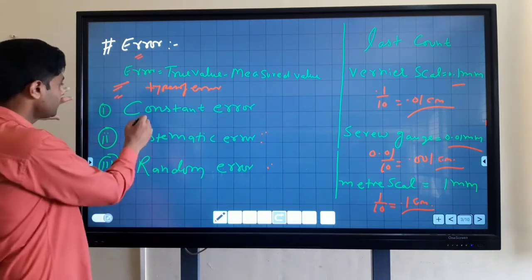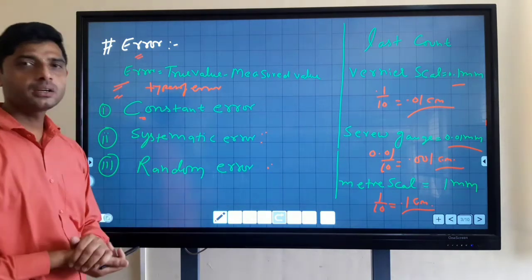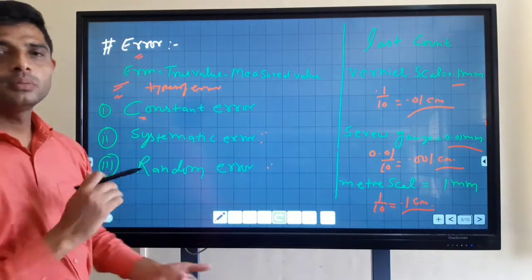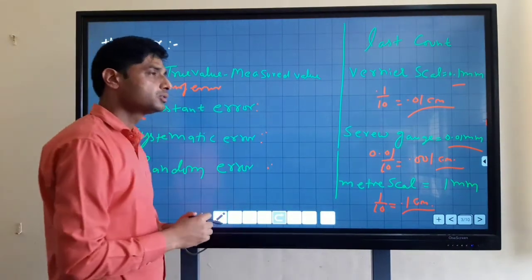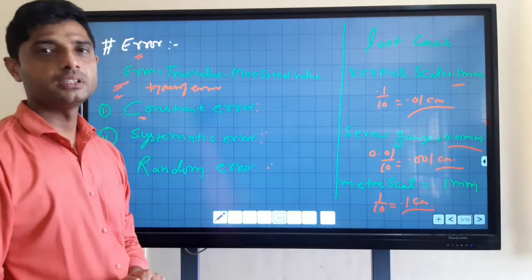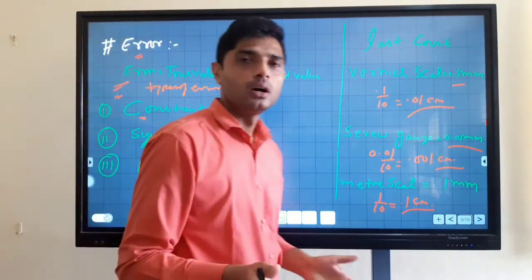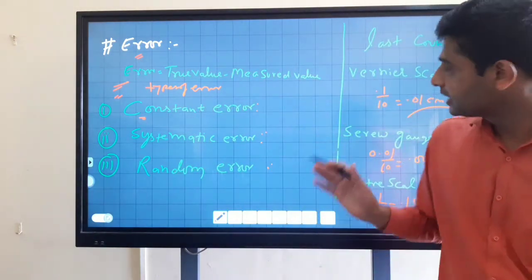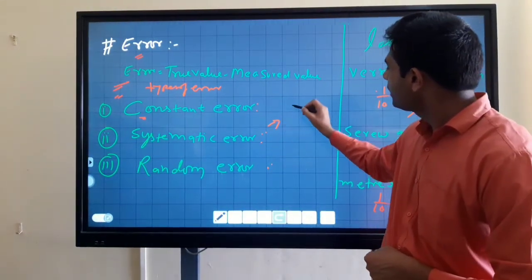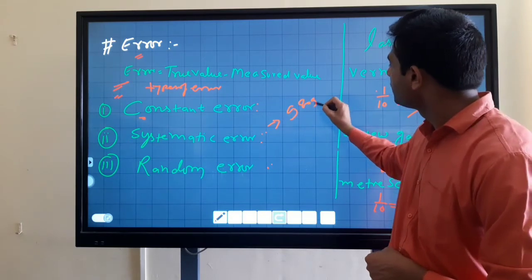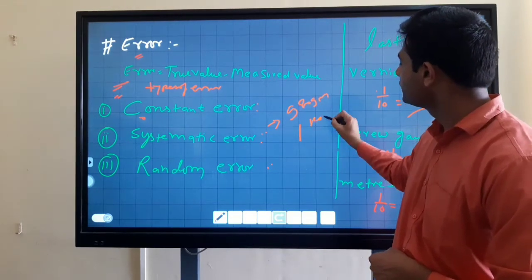First is constant error. Constant error affects observations by the same amount. It arises due to faulty calibration of the scale. Like a shopkeeper sets the scale such that it measures 980 gram in place of 1 kg.